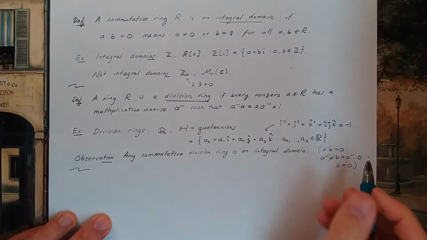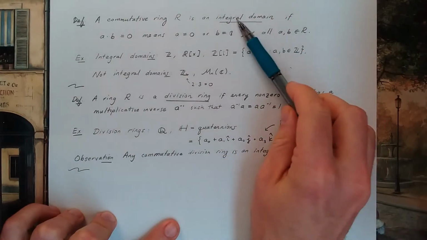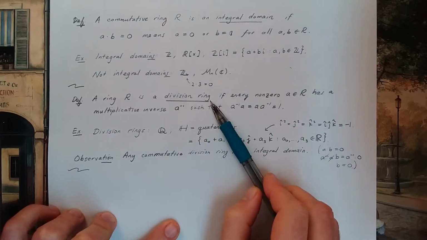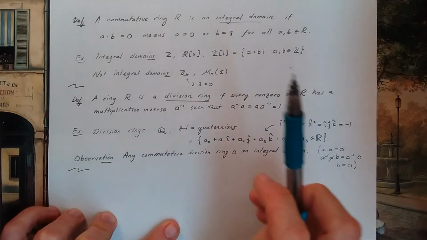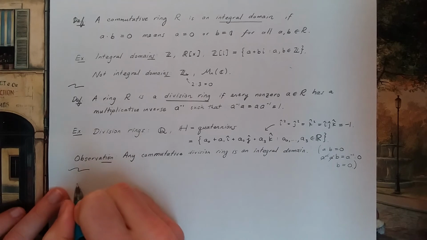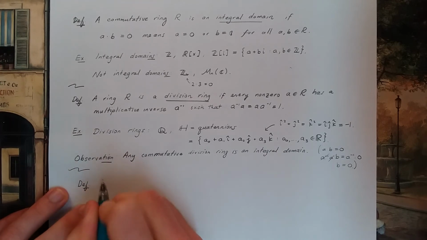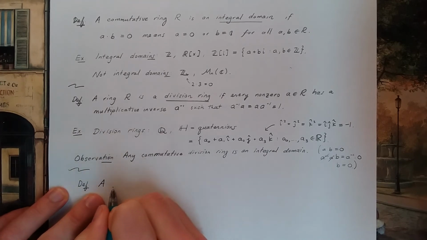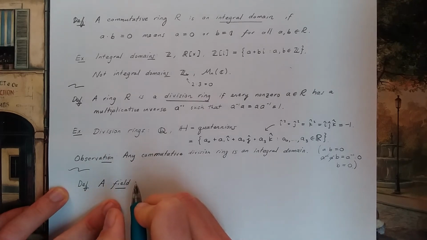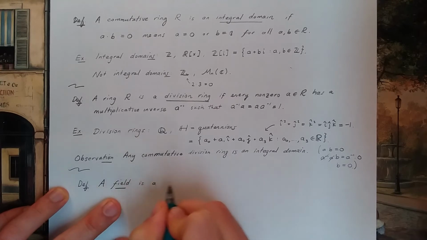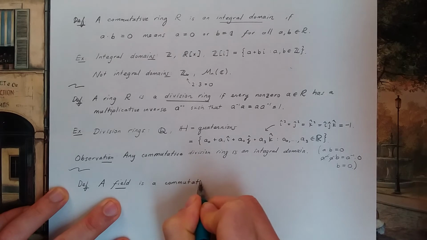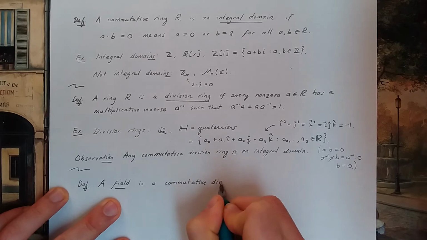Okay, so far in this video, we've defined integral domain and division ring. The main definition I've been trying to build to, this one's more important than the other two for sure, is field. So this is a main definition, you gotta know it. A field is a commutative division ring.